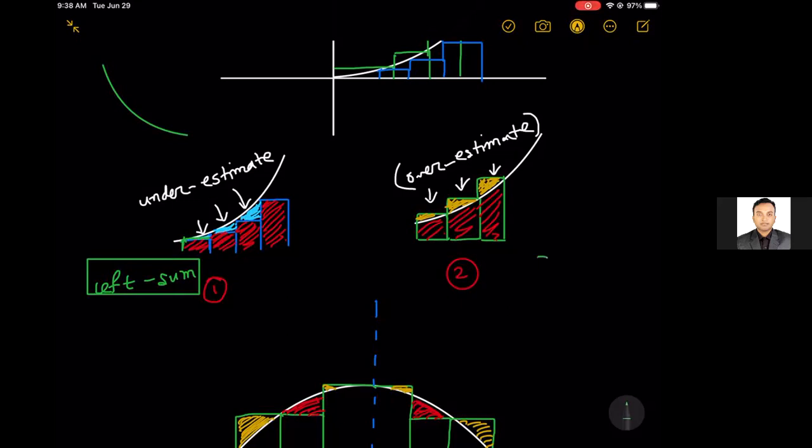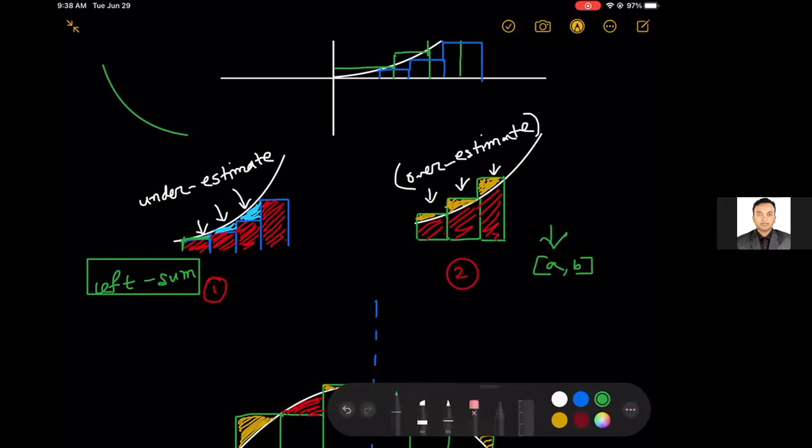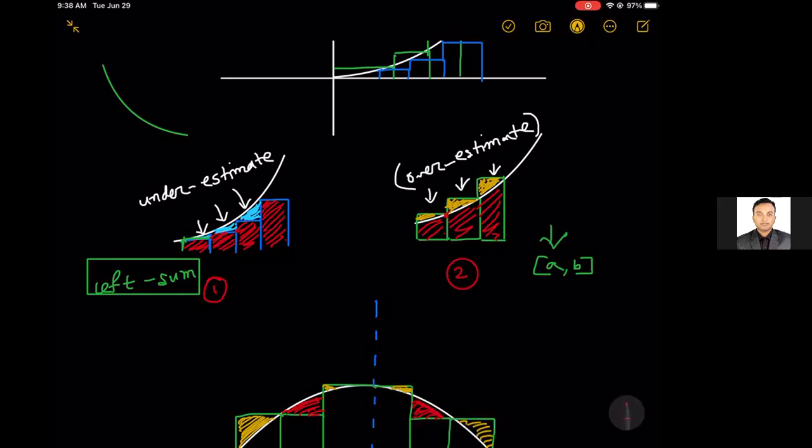So you'll have certain intervals to work with. Let's say A and B. We'll subdivide it into several parts. But if you start from the very left point, we'll say that this is the left Riemann sum. Okay, and if we start from the right point, if we use the right points, then we'll say that this is the right Riemann sum.